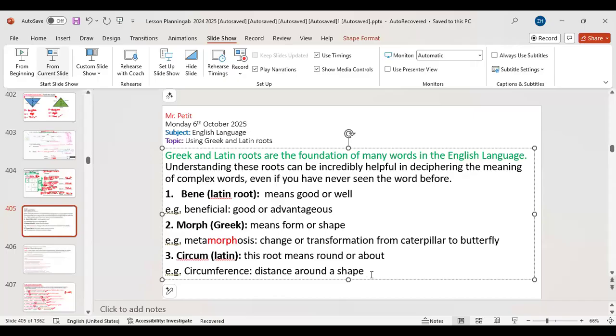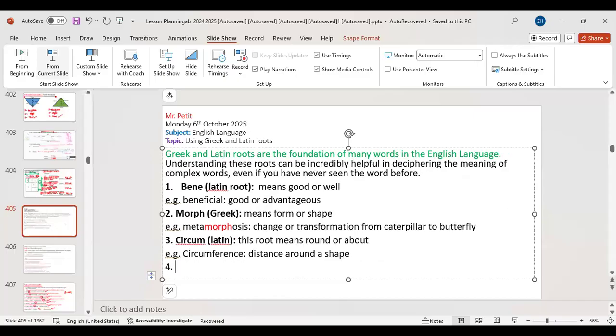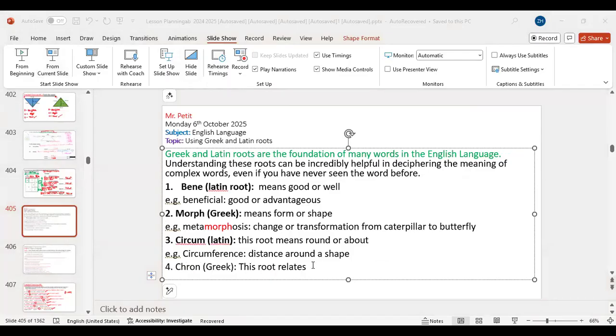Next one, number 4, we have chron. This is also Greek. It relates to time.